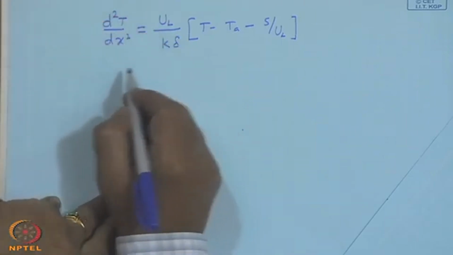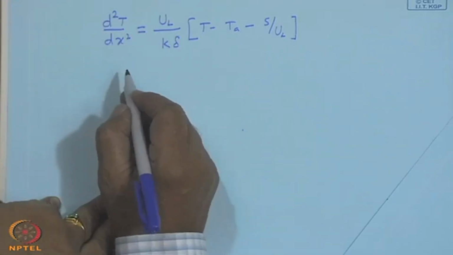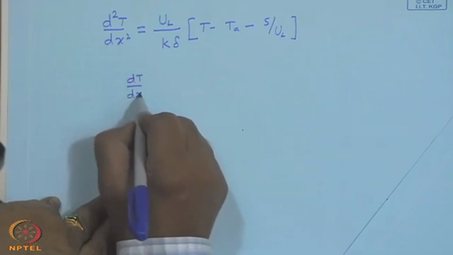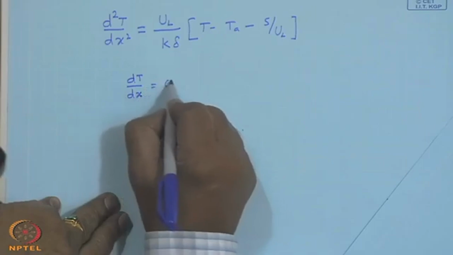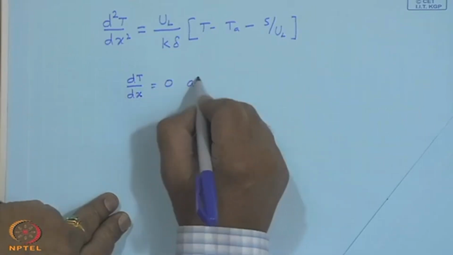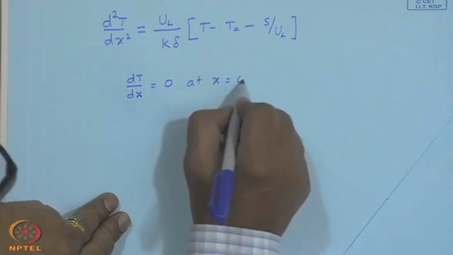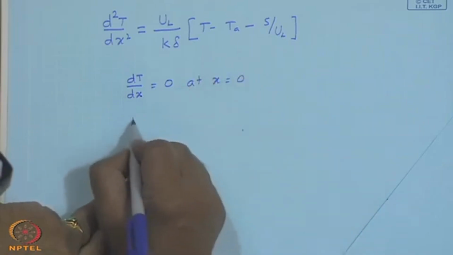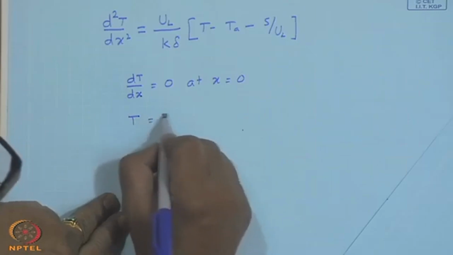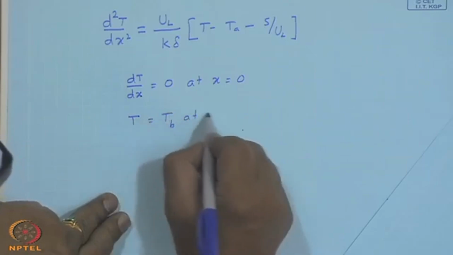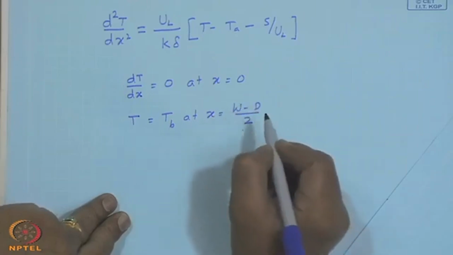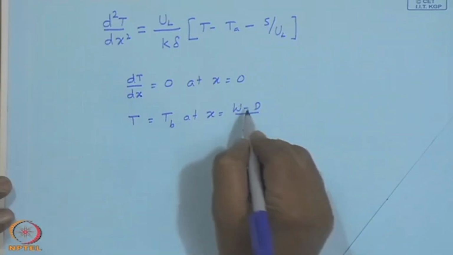This is a second order equation and requires two boundary conditions, which will be dT by dx equal to 0 at x equal to 0, and T equal to T b at x equal to W minus D by 2, at the base of the tube.